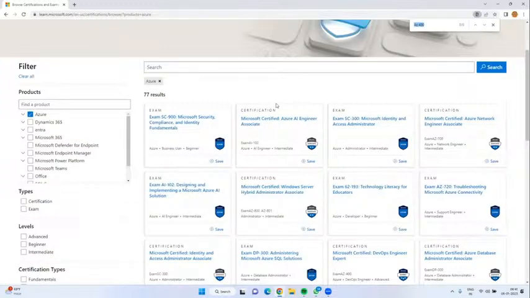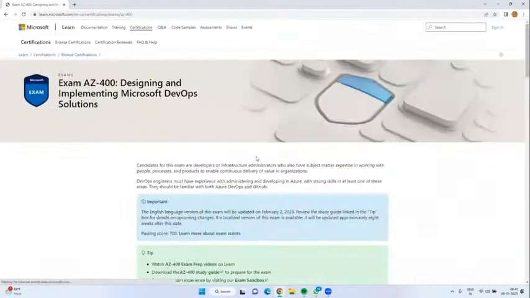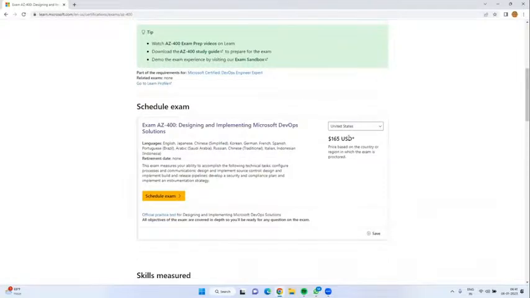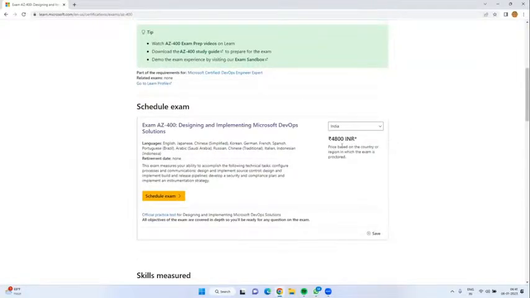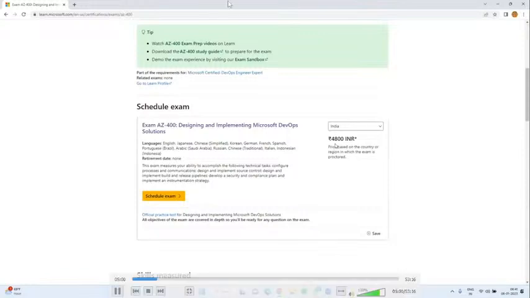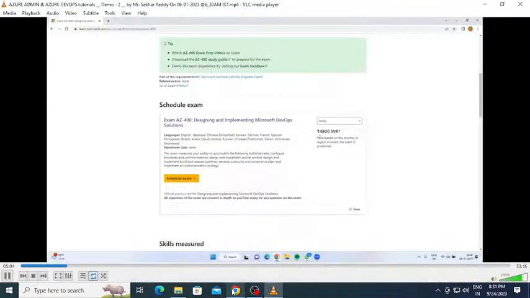Now type 400. This is AZ400 Designing and Implementing Microsoft DevOps Solutions. This also has the same cost, $165. If we convert it into Indian currency, that is 4,800 rupees. Including GST and all, it will go to 6,000.